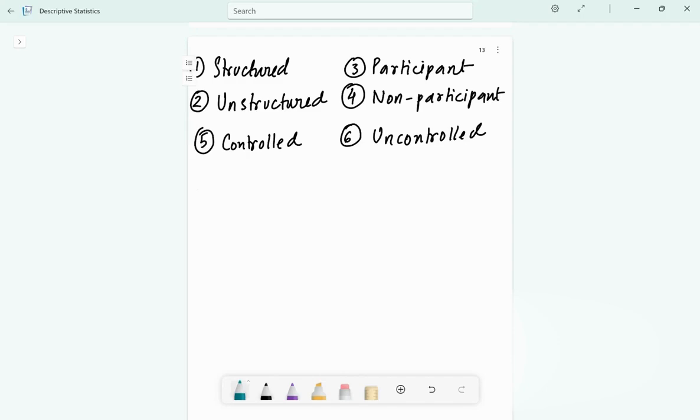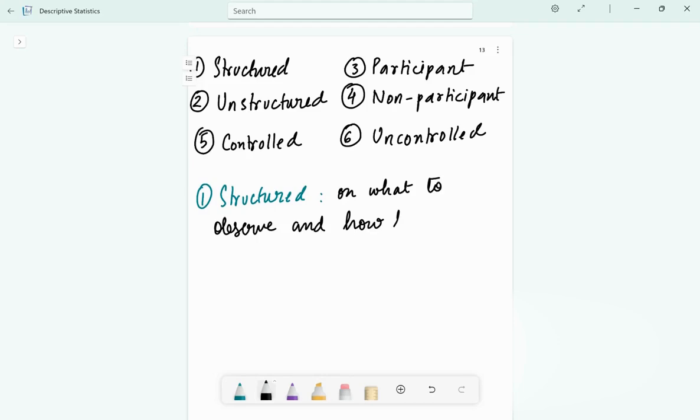So, what is structured observation method? It has predefined rules on what to observe and how to record it. This is very important. Can you give an example?